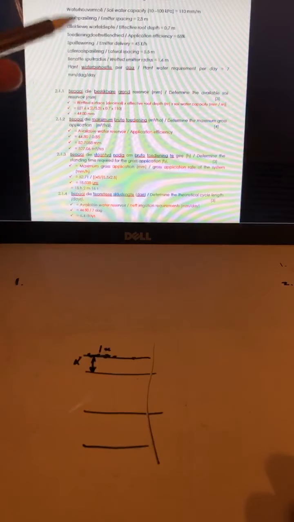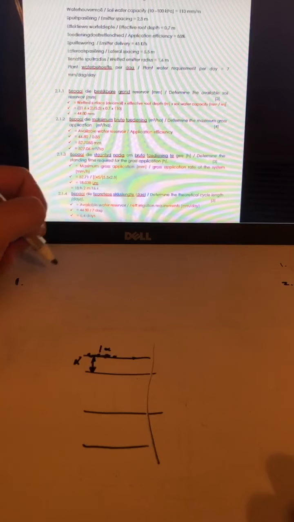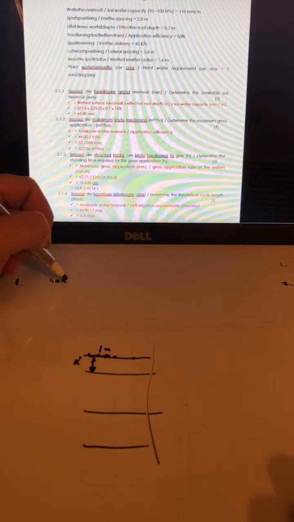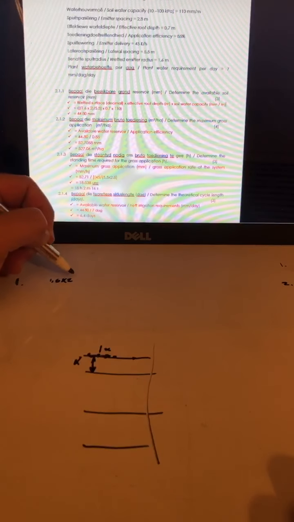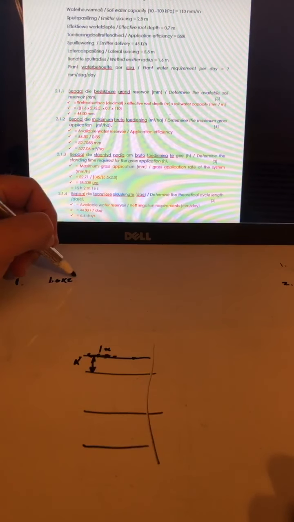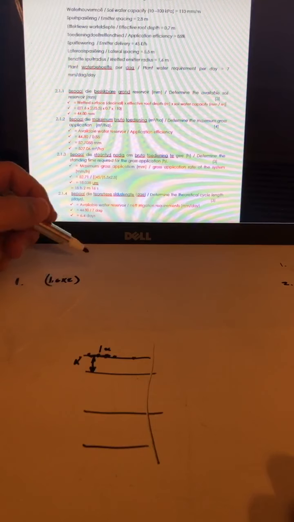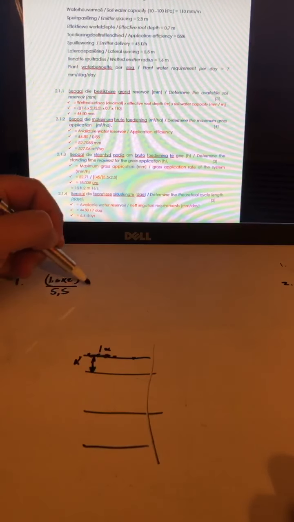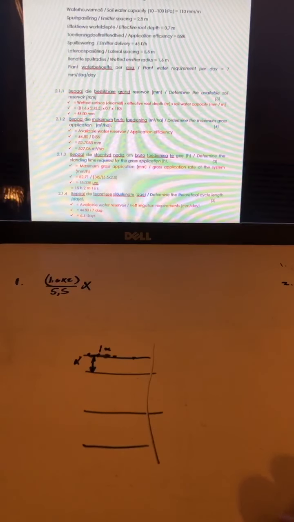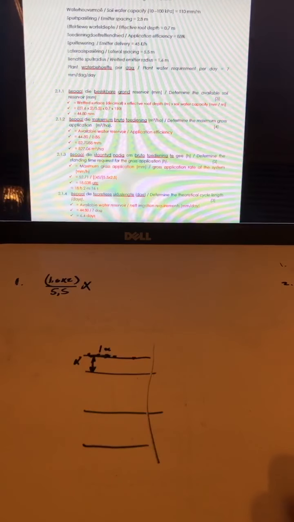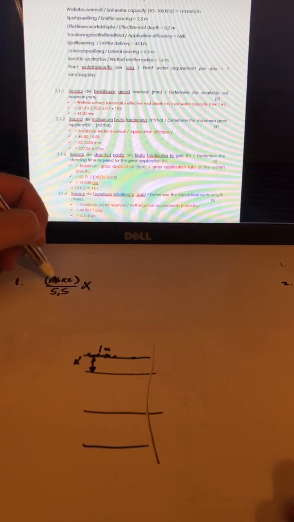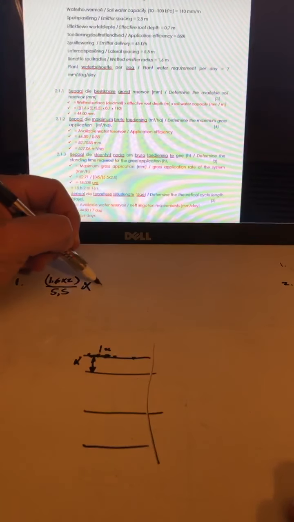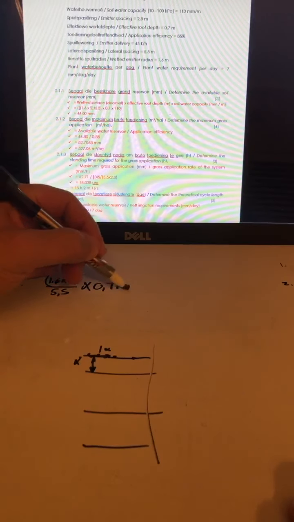So it will be the radius 1,6 multiplied by 2, then divided by your lateral spacing, which is 5,5. Then that is multiplied by your effective root depth, which from the top is 0,7 meters.